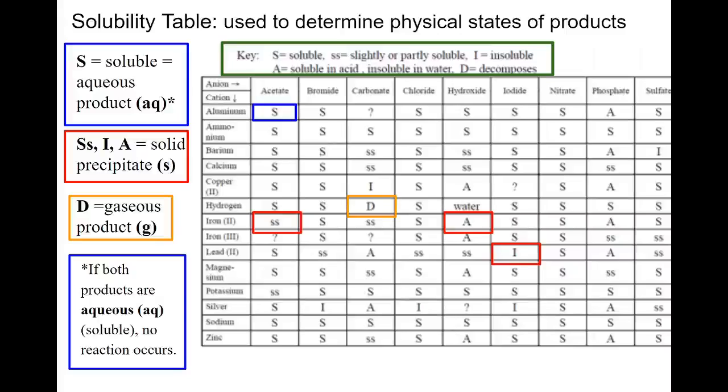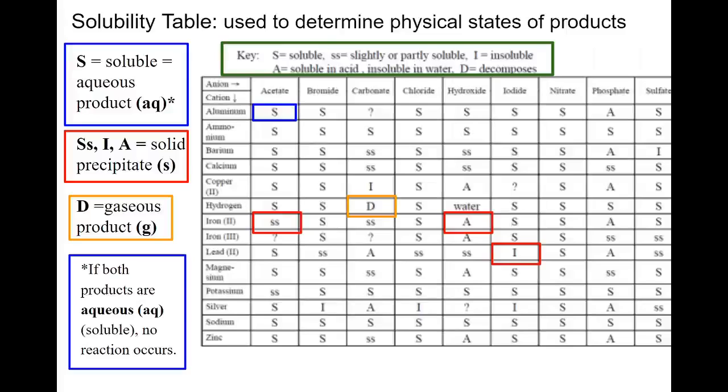Some of it may have dissolved into the solution, but we can see that there is still some solid that is left over. So if something is slightly soluble, its state is solid. I stands for insoluble. If something is insoluble, that means it is a solid. It will not dissolve in water.